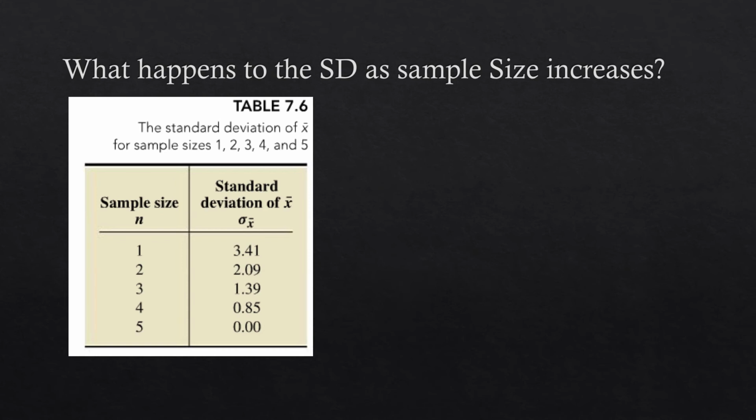As sample size increases, our standard deviation of the sample mean is going to decrease, and that should make sense because as you get closer and closer to the actual population size, once you reach the population size, you're taking the standard deviation of the population, and so you're not going to have any difference between the population standard deviation and the sample mean standard deviation.